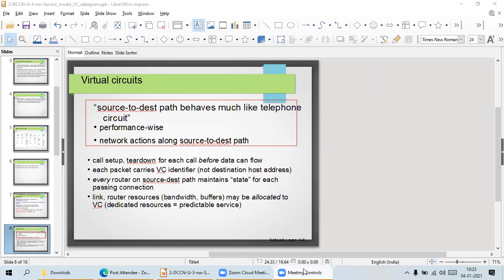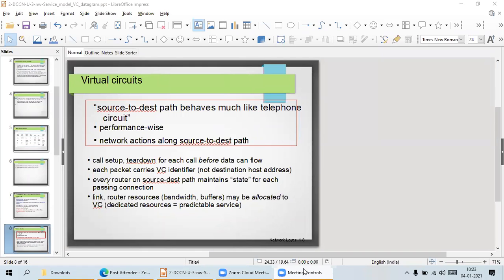Whenever I say virtual circuit identifier, in that particular call only, that link only, I have to transfer the voice from source to destination, not any other. That means call disturbance would not be there. Call jumping should not be there because of this identifier.